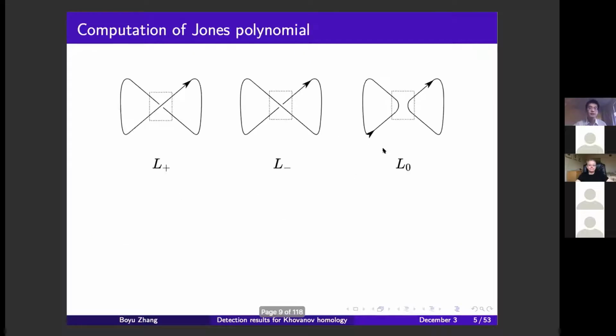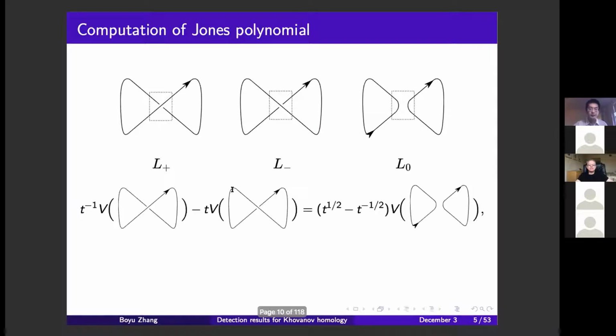As an example, to compute the Jones polynomial of the unlink with two components, we can take L plus, L minus, and L0 to be given by these three pictures. Then here is the skein relation. Notice that the first picture and the second picture are both unknots, so by the second equation above, the unlink with two components has Jones polynomial given by this formula.